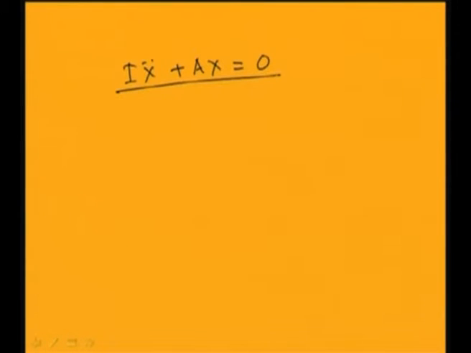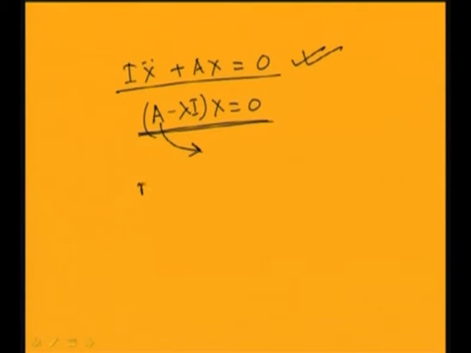Assuming the normal mode x equal to X sin omega t, the equation reduces to A minus lambda I times X equal to 0. This gives the eigenvalues, and the eigenvectors corresponding to the eigenvalues are the normal modes of the system.